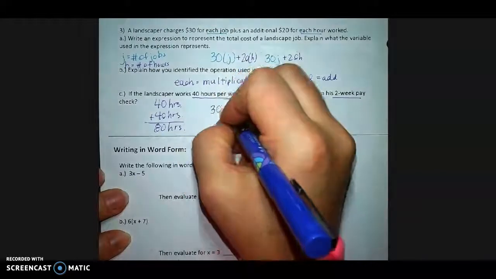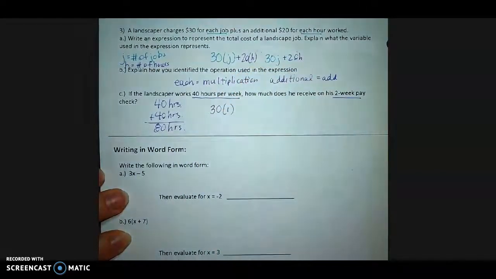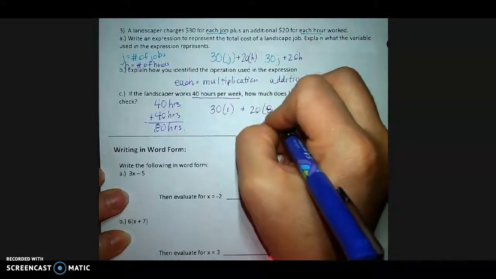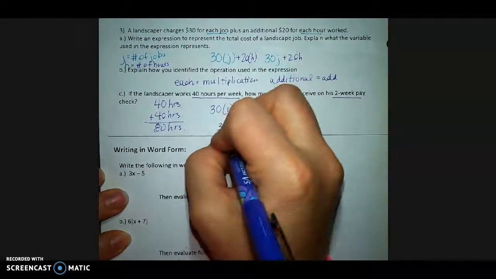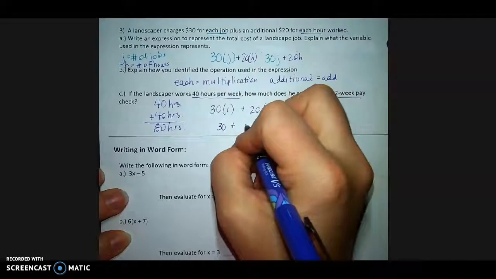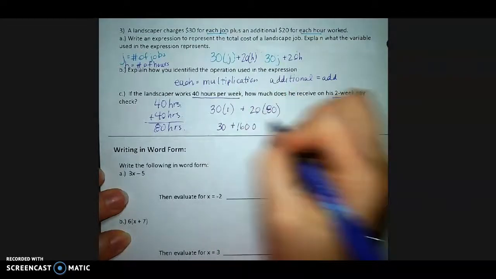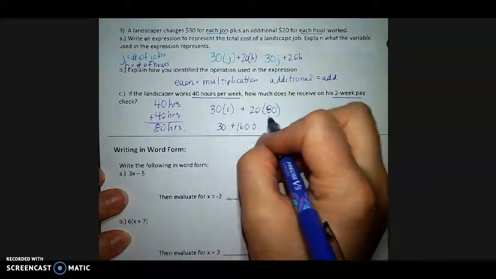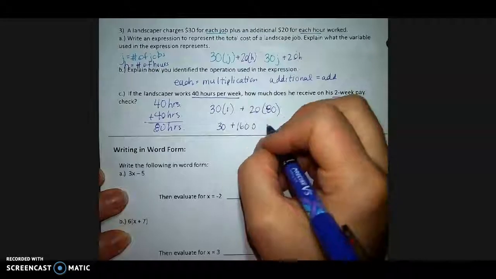I could say maybe it's all the same job and put 1 in. And then I'm going to have 20 times my 80. And there I get 2 times 8, and then I have in the 2 zeros. So 2 times 8 is 16, the 2 zeros.